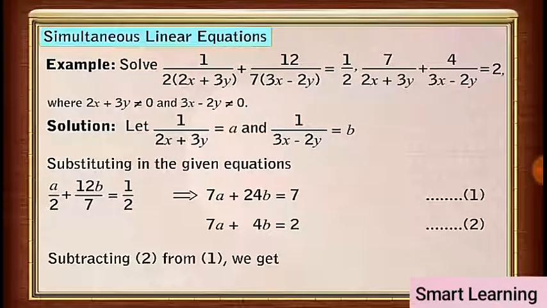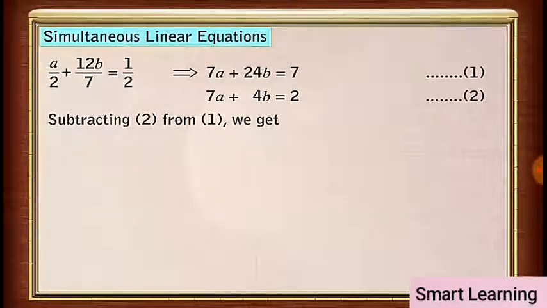Here, subtracting equation 2 from equation 1, we get 7a gets cancelled. 24b - 4b is 20b = 7 - 2 = 5.